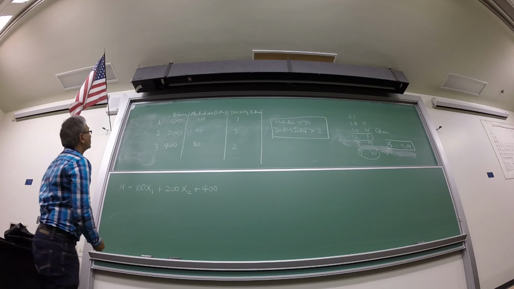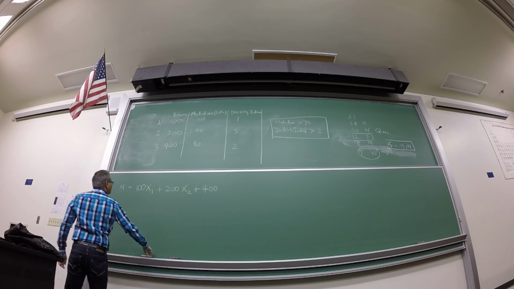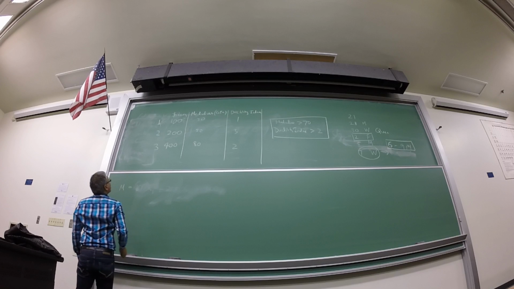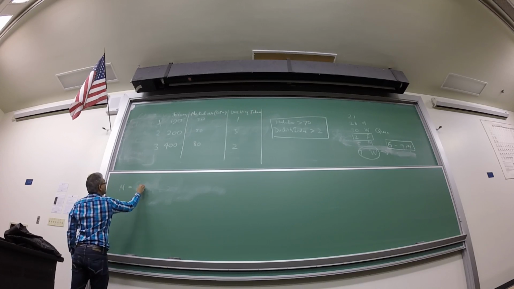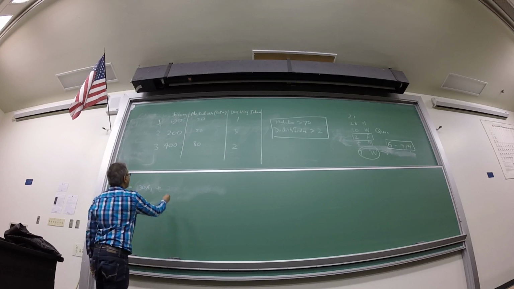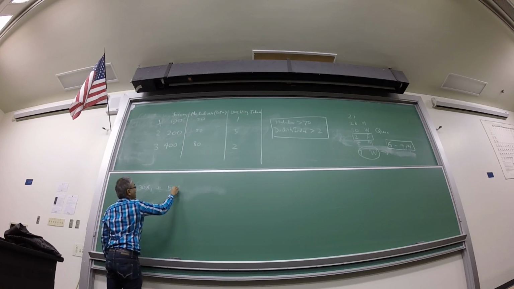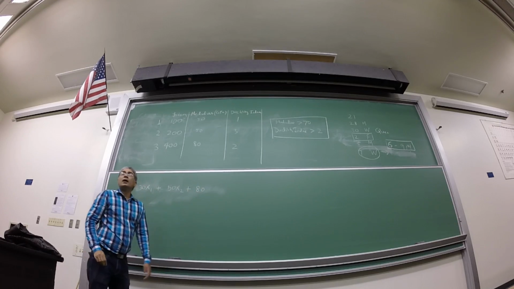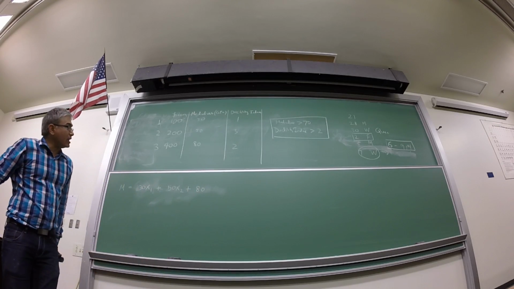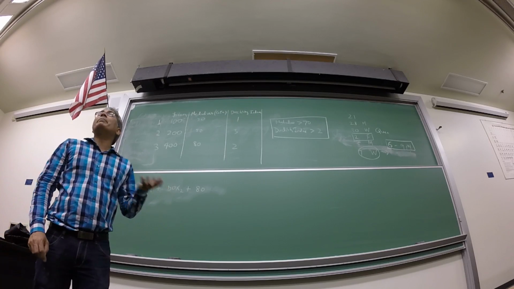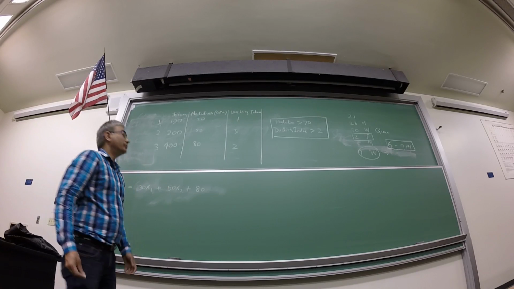Well, that's the cost. Okay, it's going to be 30 times x1 plus 50 times x2 plus 80 times x3. But rather than working in terms of x3, because we're going to solve this problem graphically, I'm going to replace x3 by 1 minus x1 minus x2. Okay?